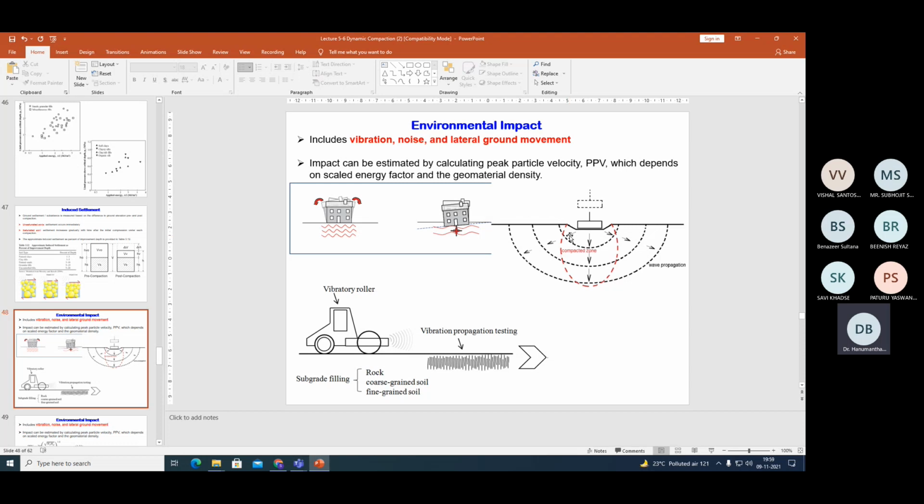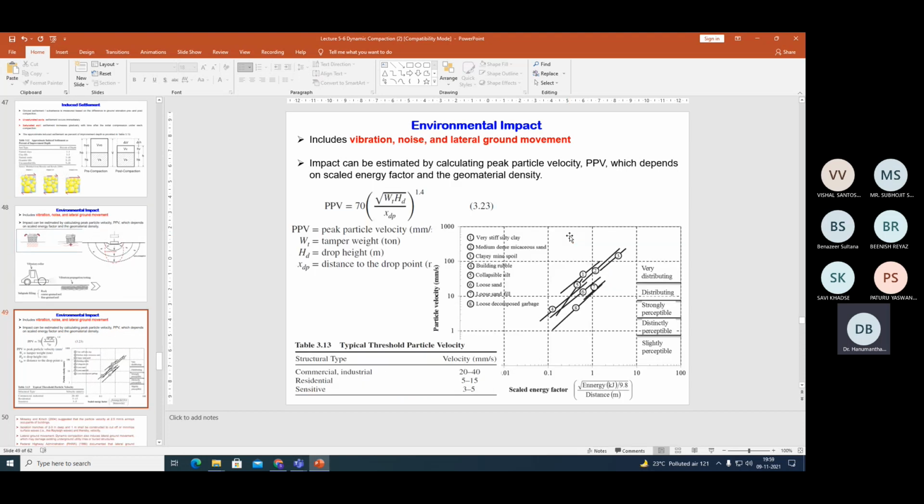So to understand this, you need to calculate a particular parameter called the peak particle velocity. This is the most important, to understand whether there is any impact of the dynamic compaction on the adjacent structure.